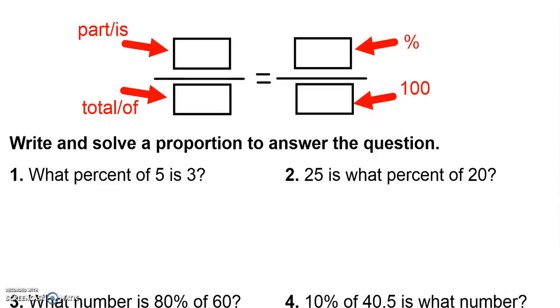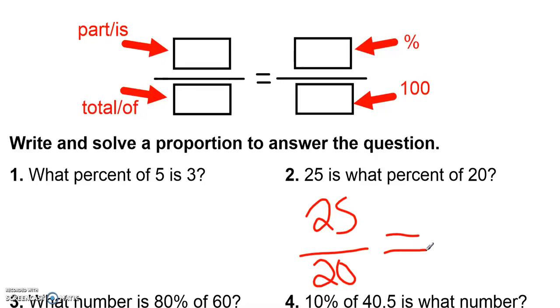Okay, I'm going to change the color because I've been using that way too much. Okay, so 25 is what percent of 20? So I'm guessing this is 25, this is 20, and we want what percent, so we don't know what the percent is, and then 100. So this, let me simplify this to make it easier.